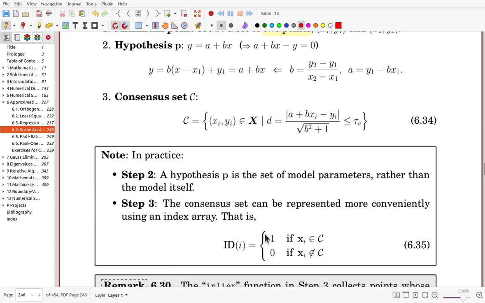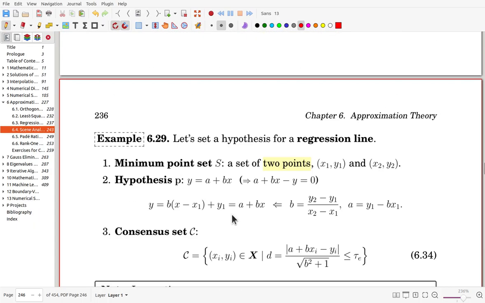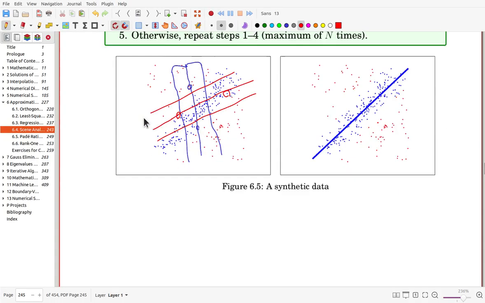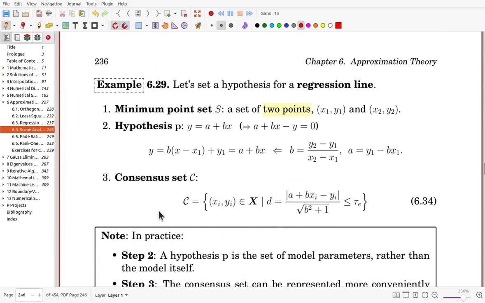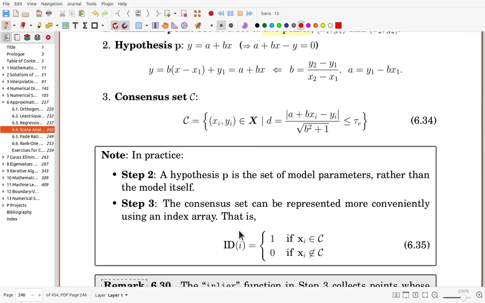In practice, in step 2, the hypothesis P is the set of model parameters rather than the model itself. And in step 3, we decide the inliers, the inlier points. For that, rather than collecting points, practically we may use an index array, so that if the ith point is in the hypothesis, then the ith value is 1, otherwise the value is 0.